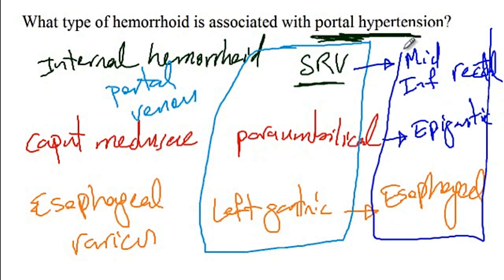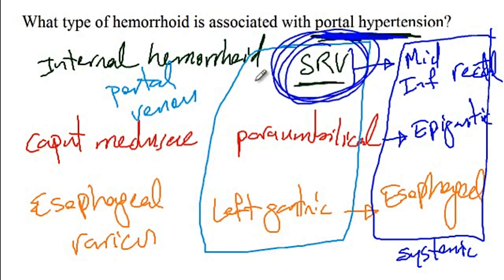So these veins are part of the systemic venous system, while the superior rectal vein, paraumbilical, and left gastric are part of the portal venous system. And thus, due to the portal hypertension, since the superior rectal vein is being affected, these patients will develop internal hemorrhoids. And that concludes our discussion.